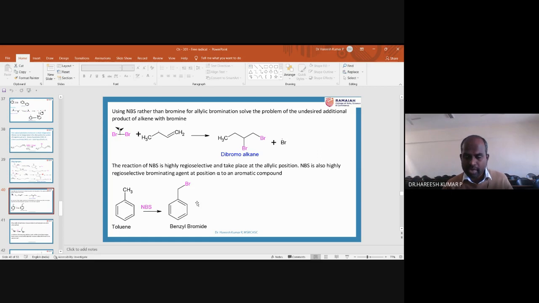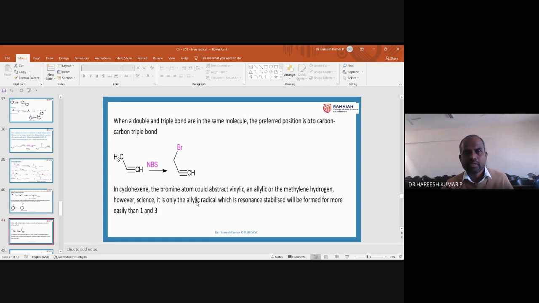So I will go to the next slide. Look here. Here I am taking propene with a triple bond. This triple bond containing compound contains an alpha position. This position is called the alpha position.